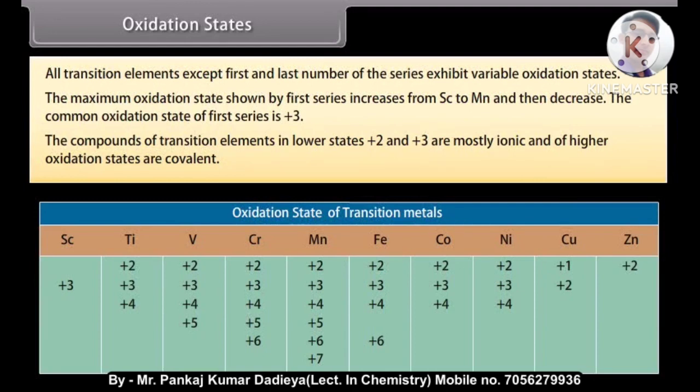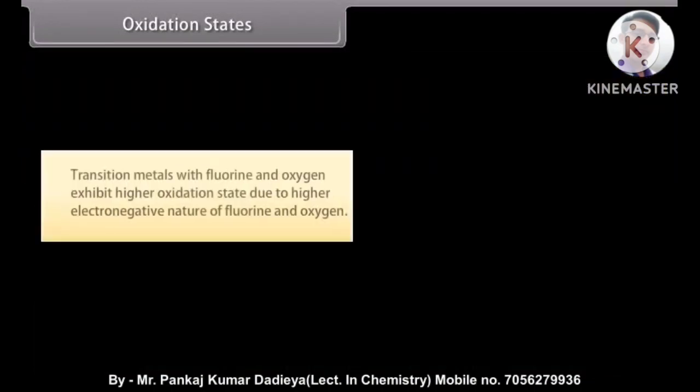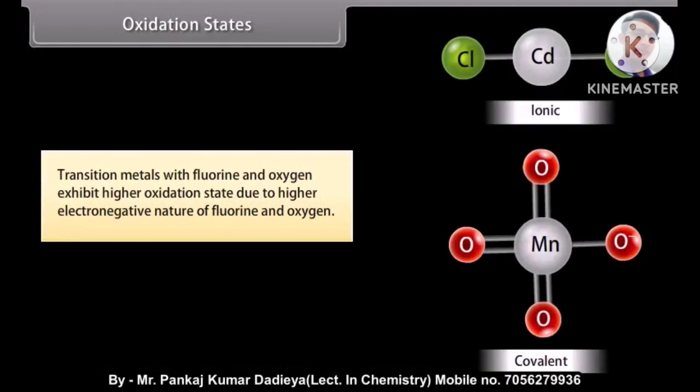For example, ZnCl2 and CdCl2 are ionic in nature and Cr2O7 2- and MnO4 - are covalent in nature. Transition metals with fluorine and oxygen exhibit higher oxidation state due to higher electronegative nature of fluorine and oxygen.